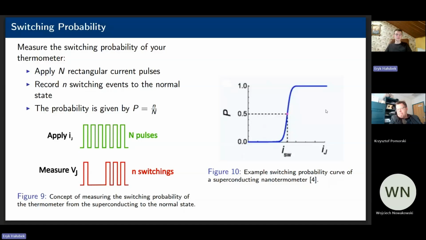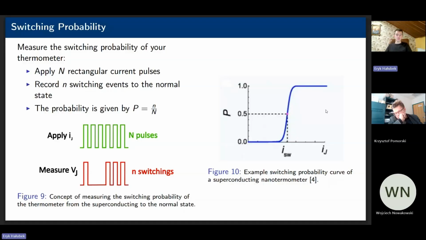How we measure temperature is that we apply some number of rectangular current pulses, and then we record some number of switchings of this nanothermometer to a normal state from the superconducting state. So we measure the voltage drop across the junction, because when there's a superconducting state, there's no voltage across the junction. And when it switches to the normal state, there obviously is some kind of voltage.